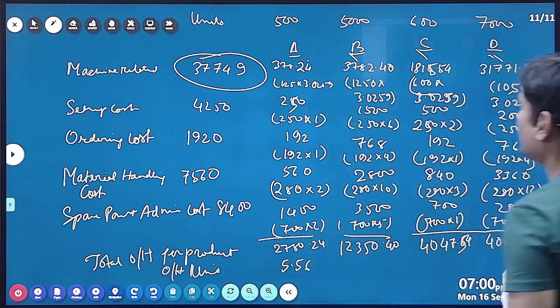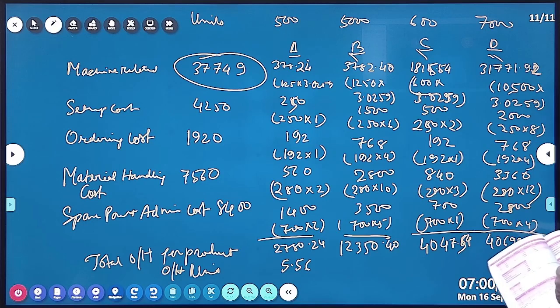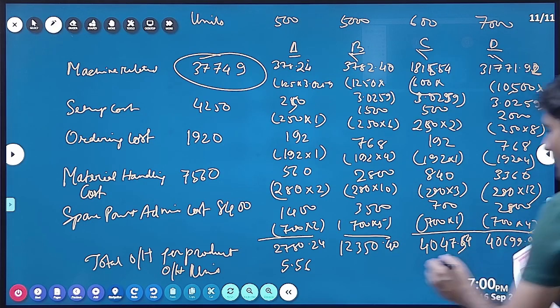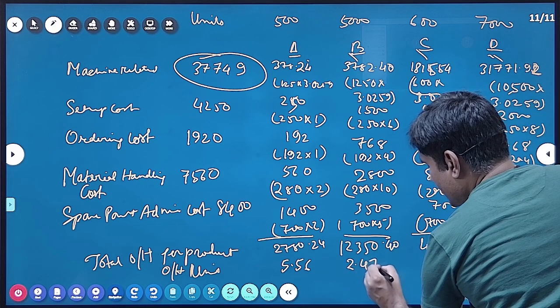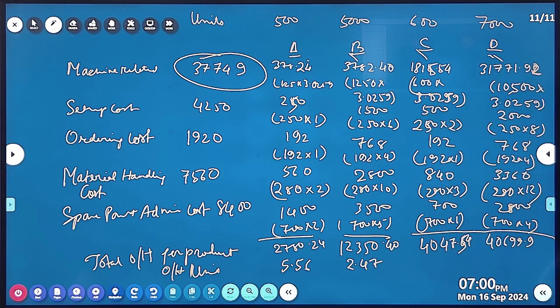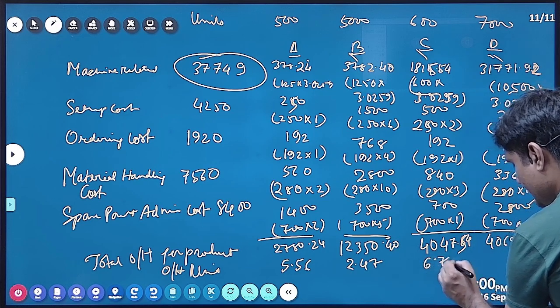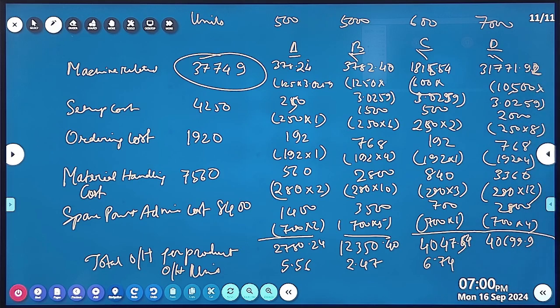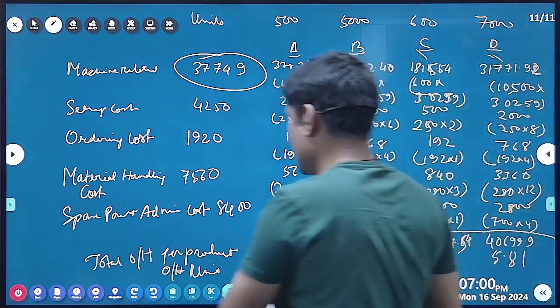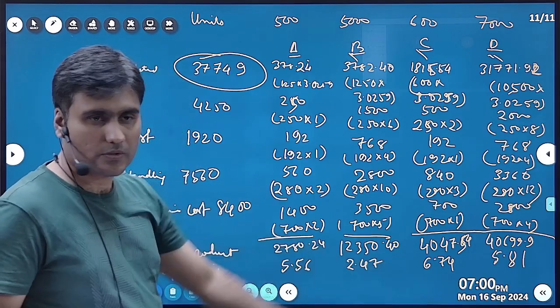For this one, 12350.4 divided by 5000 is 2.47. 4047.54 divided by 600 is 6.74. Then 40699.9 divided by 7000 is 5.81. So we will take this to the next page.